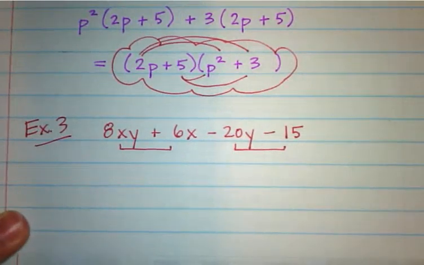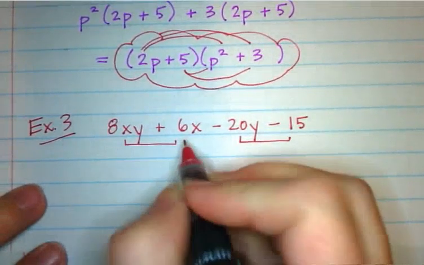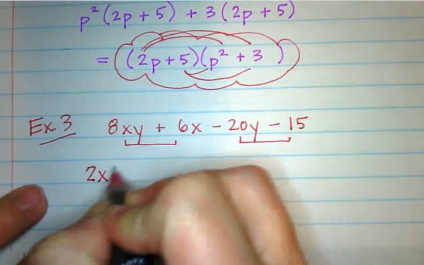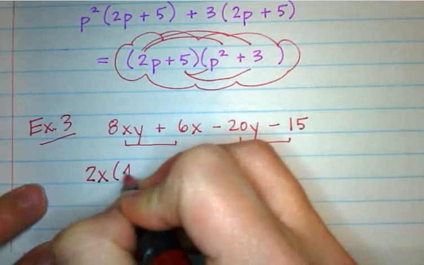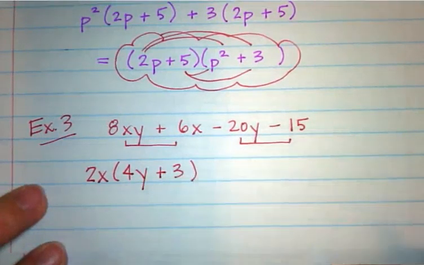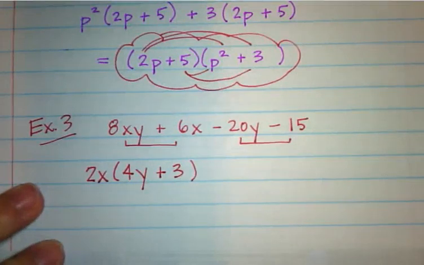All right, so first out of this set, the first grouping, I see a GCF of 2 and x. And if I take that out, that is going to leave 4y plus 3. And again, you can always check by doing distributive property.